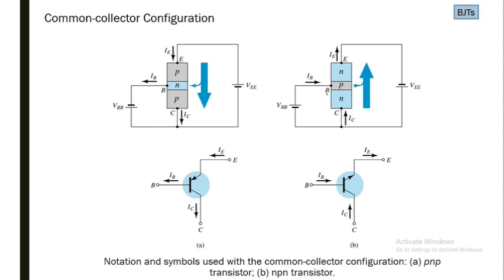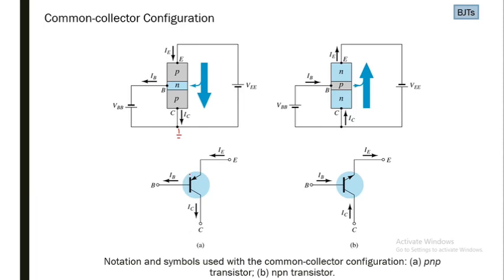The third configuration is common collector configuration, where the collector is at common or ground potential with reference to input and output. In this case, PNP transistor, and for NPN transistor, biasing is shown here. We apply input at the base collector junction and we measure output in this part, which is collector emitter.